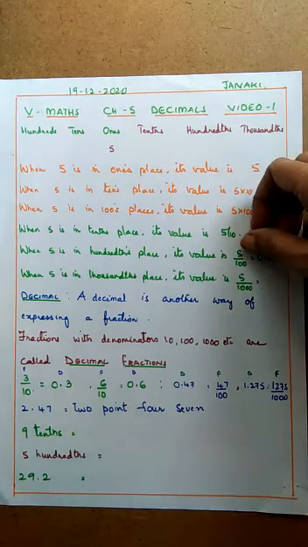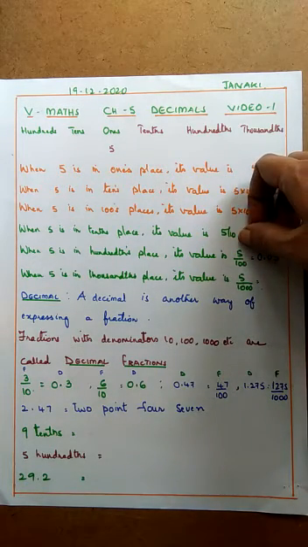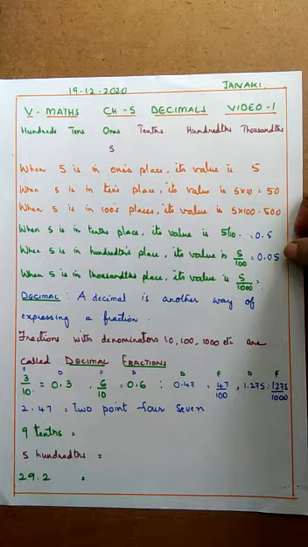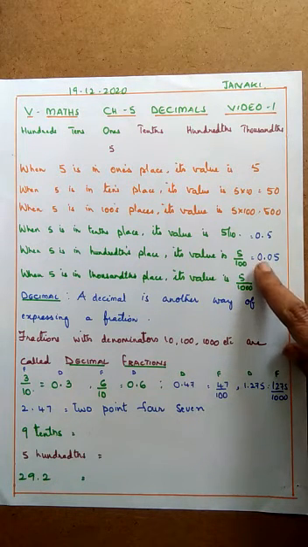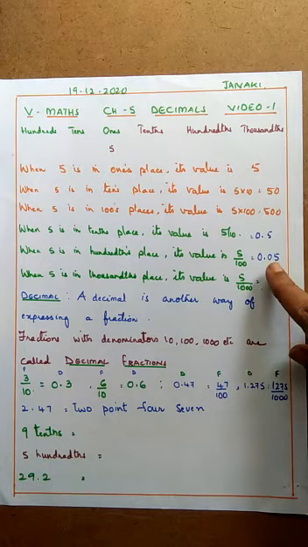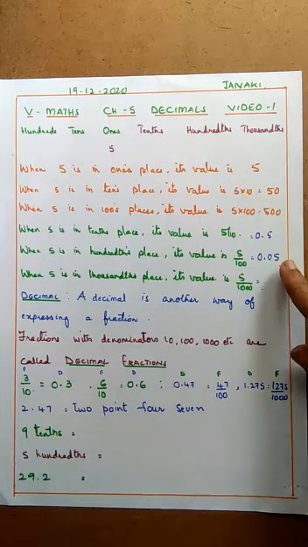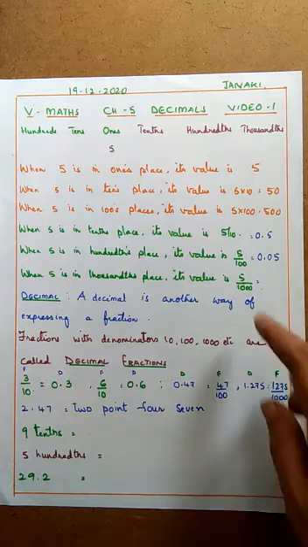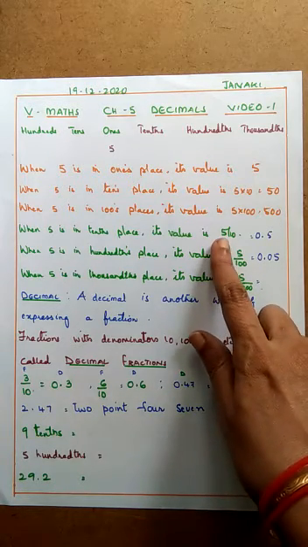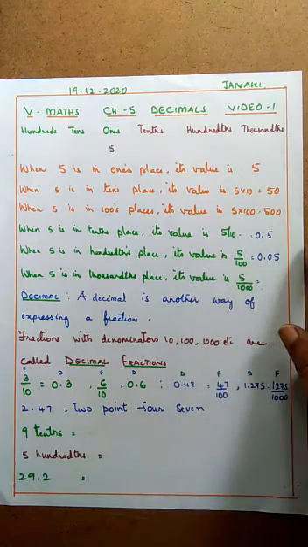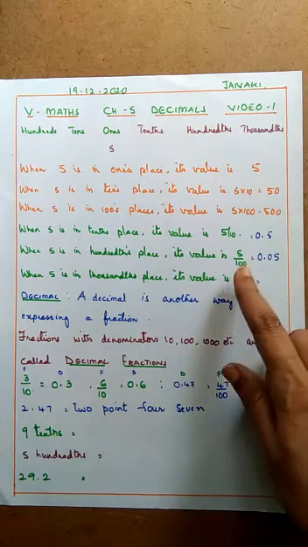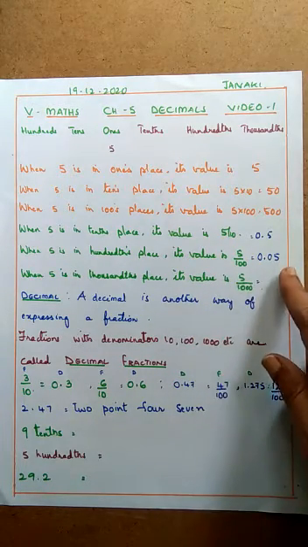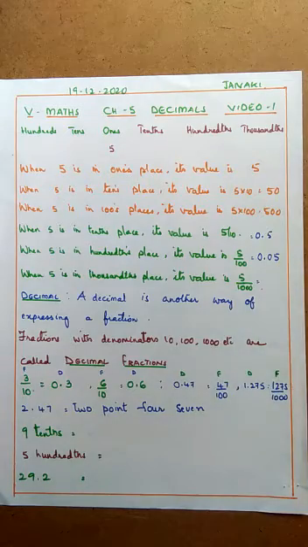Here we have written 5 by 100 as a fraction, but here we are writing it using a point called the decimal point. So here we have written the fraction 5 by 10 as 0.5 and 5 by 100 as 0.05.